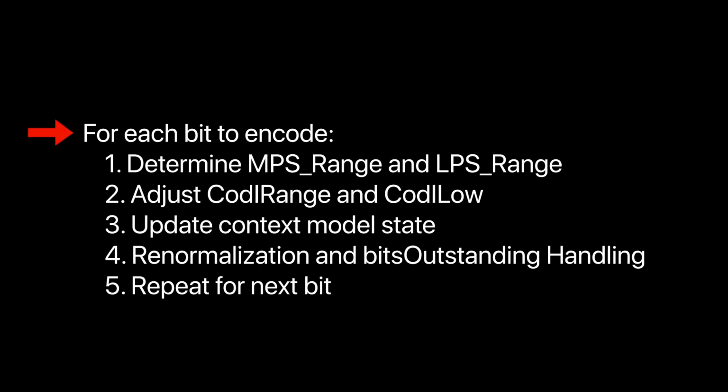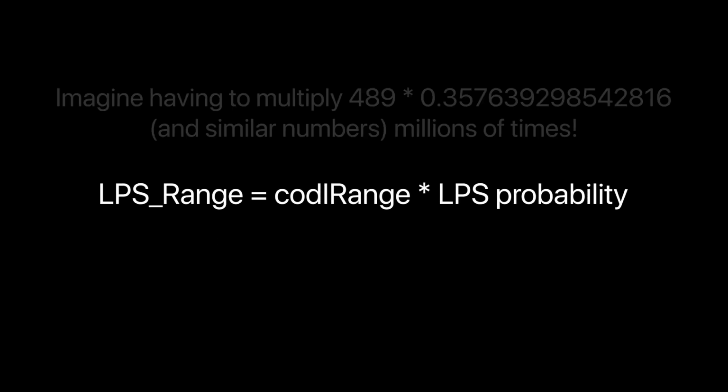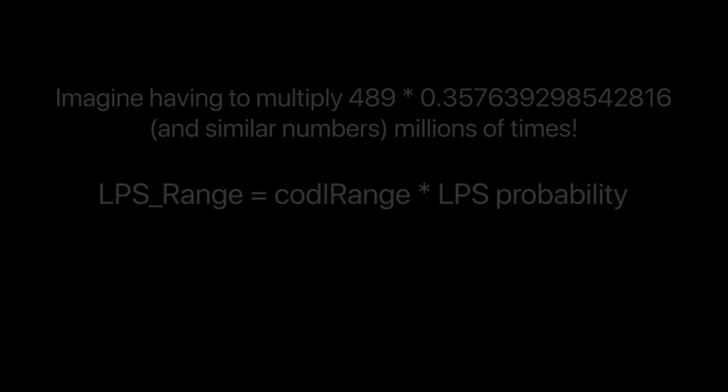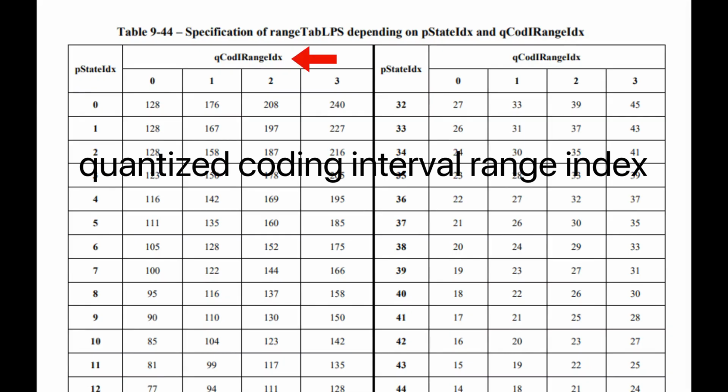For each bit to encode, 1. Determine the MPS range and LPS range. In an ideal world, LPS range would be the coding interval times the LPS probability. However, this is computationally expensive, so we'll use a lookup table. To find LPS range, we'll need to find the quantized coding interval range index, qcode_i_range_idx.